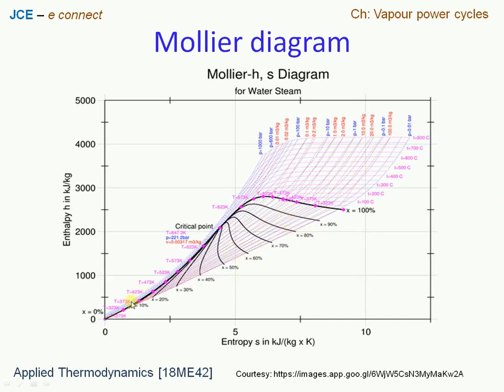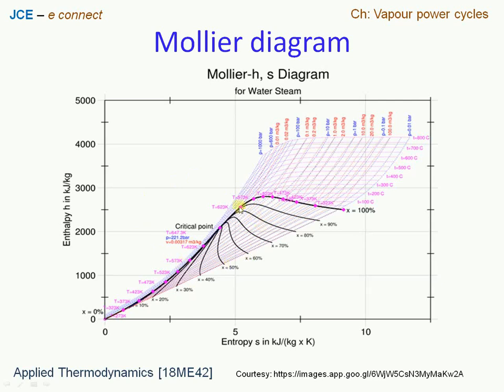We also see some pink data points here. These point out the temperature at the corresponding state points. So we see that it is 423 Kelvin, and likewise as we move to the critical point, we have the temperature in Kelvin here, 647.3.